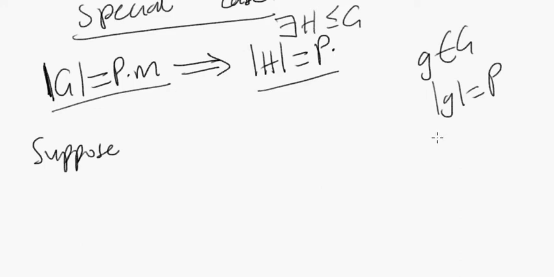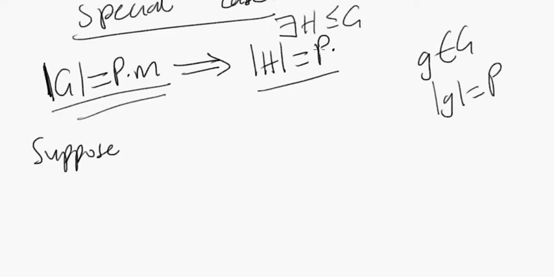We've also come out dry on the idea of assuming by contradiction that the order of G equals p times m, but the order of H does not equal p for any subgroup H of G. And we saw that it was unclear how to proceed.